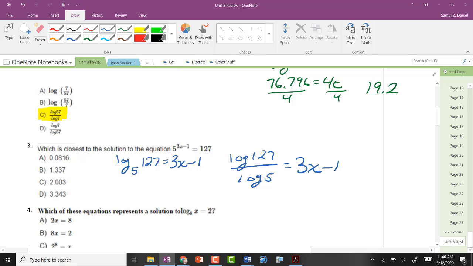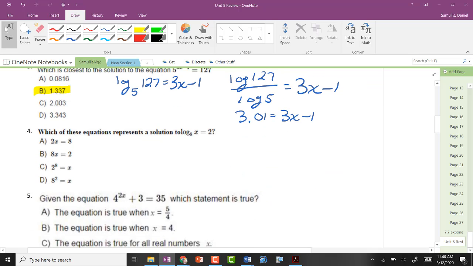Calculate that value. This gives us 3.01 equals 3x minus 1. And then we can simply add 1 and divide by 3. And that does give us 1.337. So again, add 1, divide by 3.